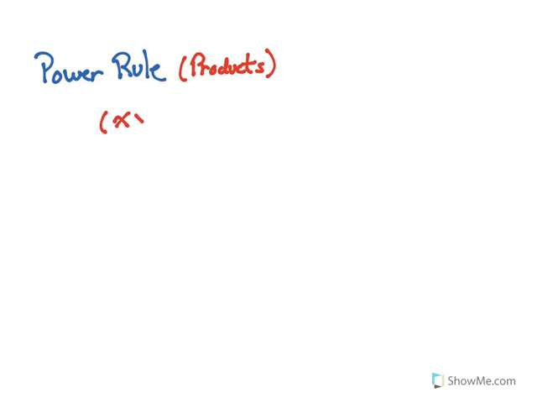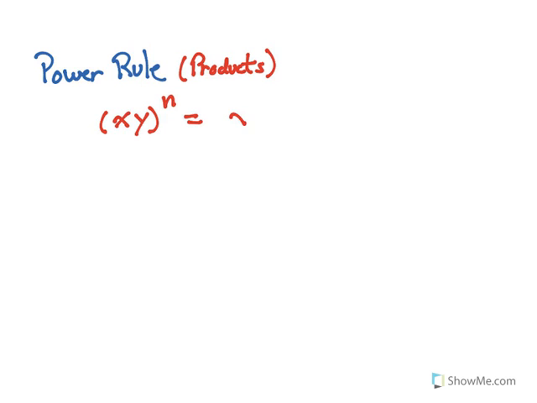The next one is called the power rule. And the power rule, by the way, involves products, which is multiplication. You get a product when you multiply something. This is going to occur when you have, let's say, xy raised to the n power.